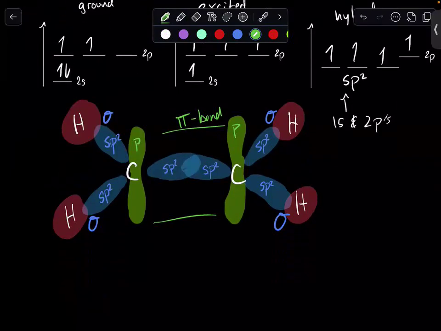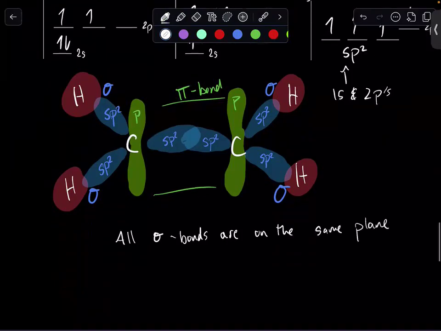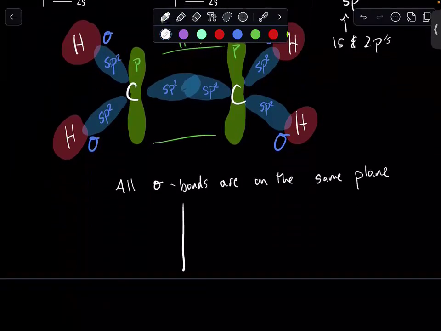A couple things of note is that all sigma bonds are going to be on the same plane. And the reason we know this is because when we look at our diagram of each carbon individually, we can see that our p orbitals are vertically above and below.